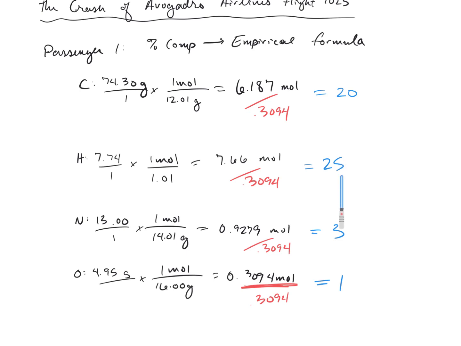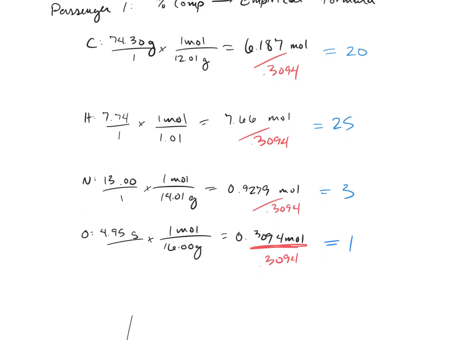So anyway, the ratio of carbons to hydrogens to nitrogens to oxygens is now in a whole number form, and so you can cite that the formula for this chemical would be C20H25N3O. And if you look at the key on the worksheet, this chemical is methamphetamine. So that's the chemical meth.